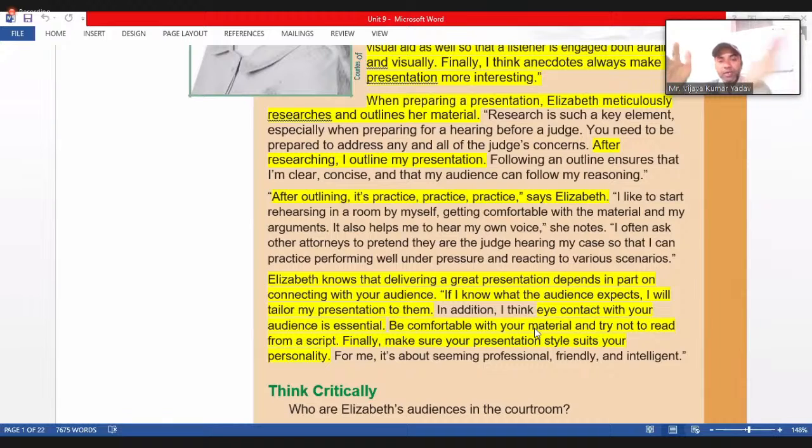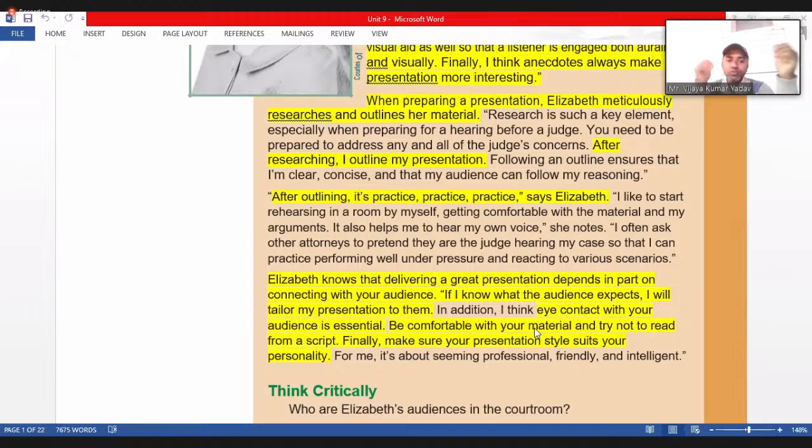But now, if your listeners are not so educated, they have less education, then before them you have to change the mode of the presentation, because the way you present before highly educated people can't be followed.